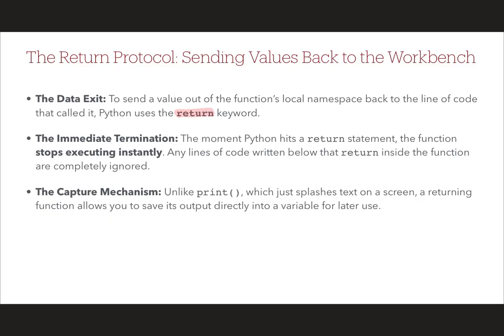Whatever values follow return will be given to the caller. So the moment Python hits a return statement, the function stops executing instantly, and the values of the expression followed by the return will be given to the caller of that function.